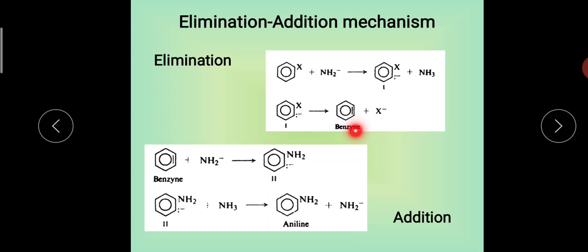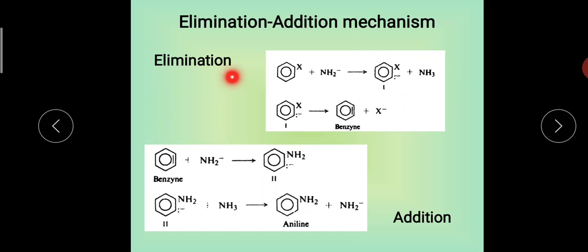So this is an important criterion for the elimination addition mechanism to take place. Your carbon and halogen bond should be strong enough, that is, it should break very slowly. Okay, so only then abstraction of proton is possible and then this breaks up in a very slow step.